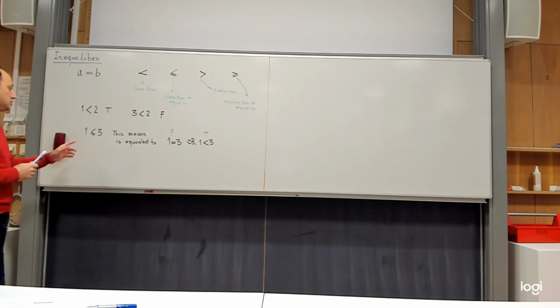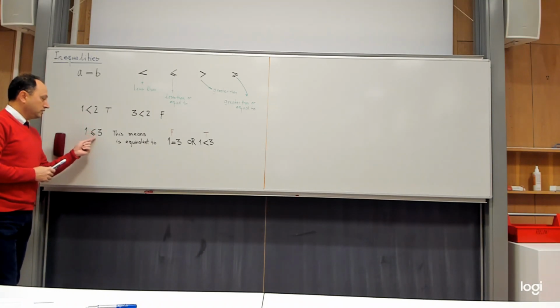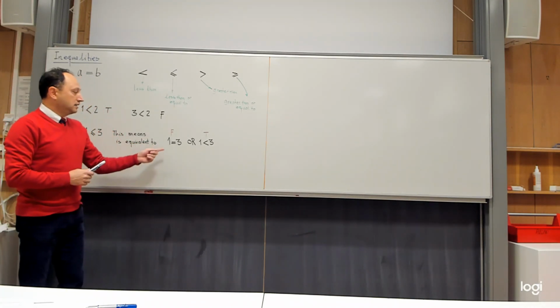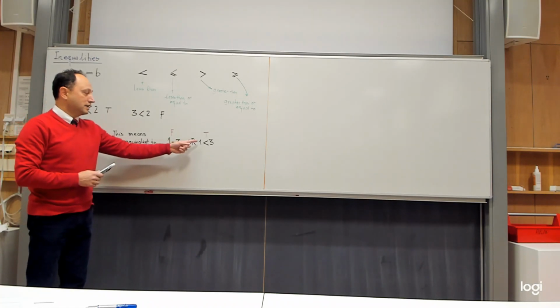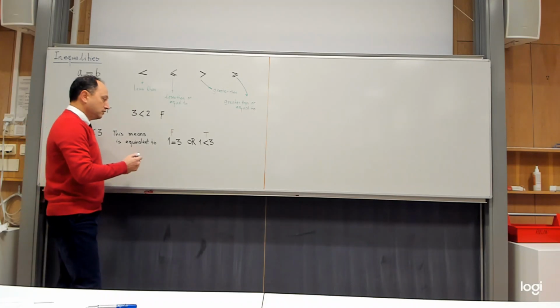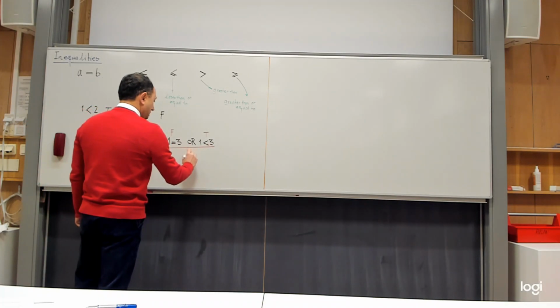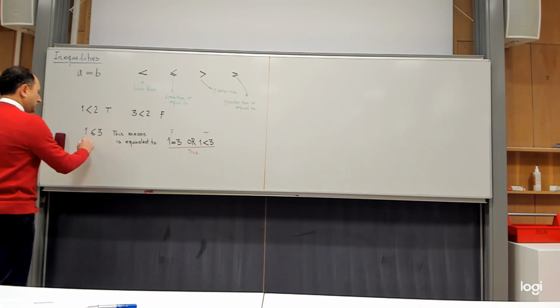So in general, 1 less than or equal to 3 is a true statement, because it is the short form of this expression. And even though one of the statements is false, the other statement is true, so the value for the whole statement is true.